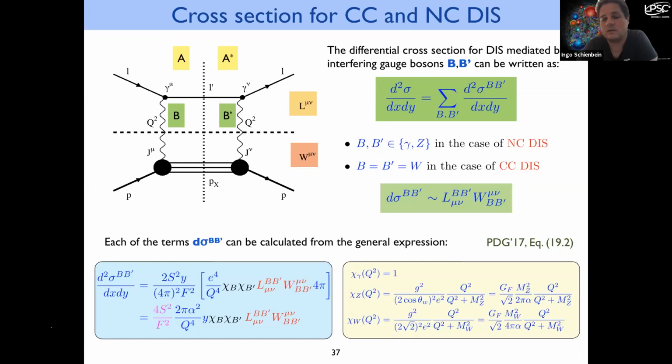And that leads then to these expressions in the yellow box for chi Z and chi W. If you just take the photon, the chi is just 1 because we just have the right photon propagator already in blue. And otherwise it needs to be modified by these chi factors. So using this general expression, you can then calculate the cross section for general charged current or neutral current DIS.